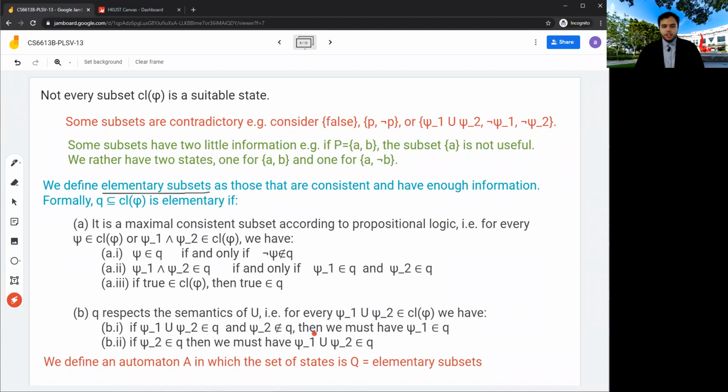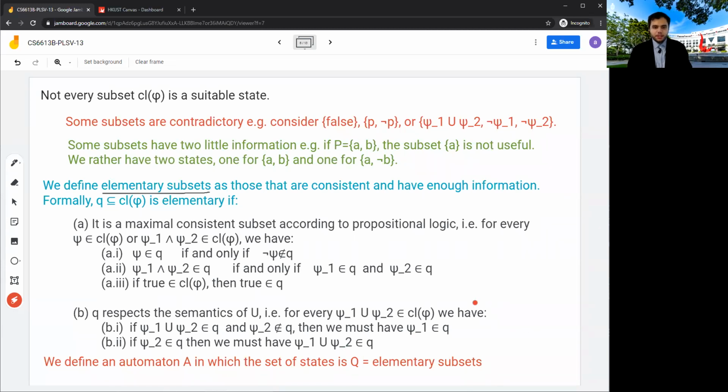Why? Because if I want to satisfy psi1 until psi2, and I know that at this point I don't satisfy psi2, then of course I should satisfy psi1 and keep satisfying psi1 until I get to psi2. And also, if I have psi2, then I know that I definitely have psi1 until psi2 as well, right? Because this one implies this one. Okay.